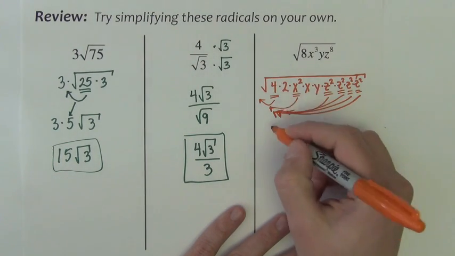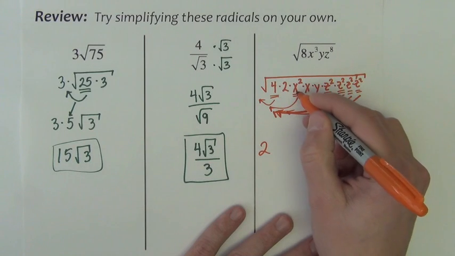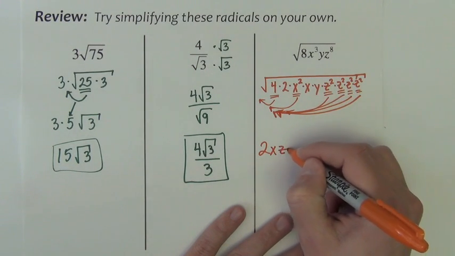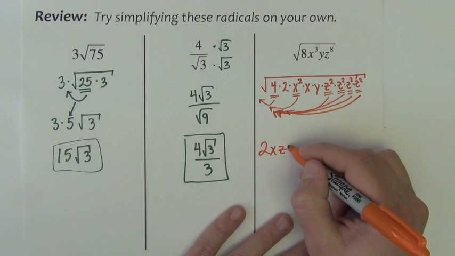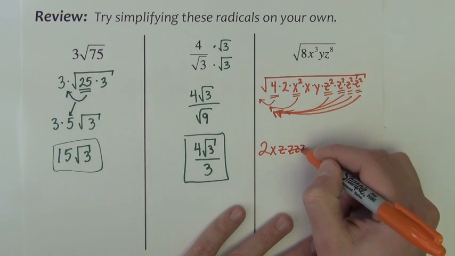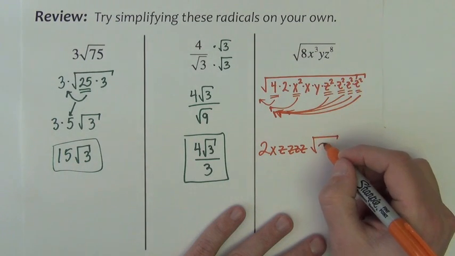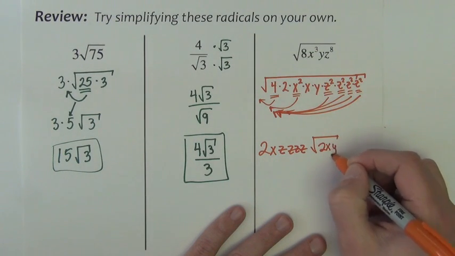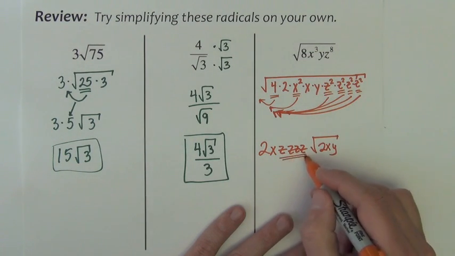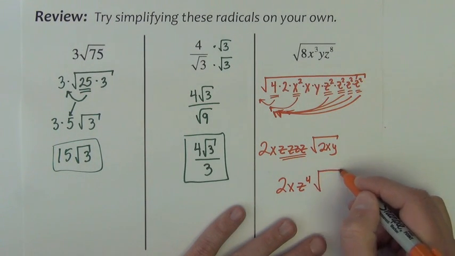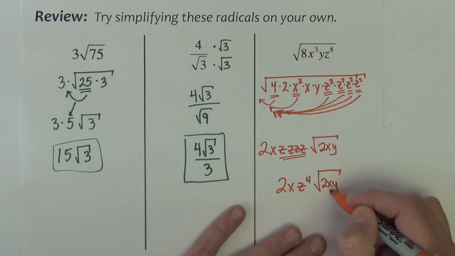The perfect square is on the outside. The 4 becomes 2. X squared becomes x. This z squared becomes z. And then I have another z, another z, another z. Under the square root, what's left over is the 2, an x, and a y. If I put these z's together, we have 2x z to the 4th square root of 2xy.